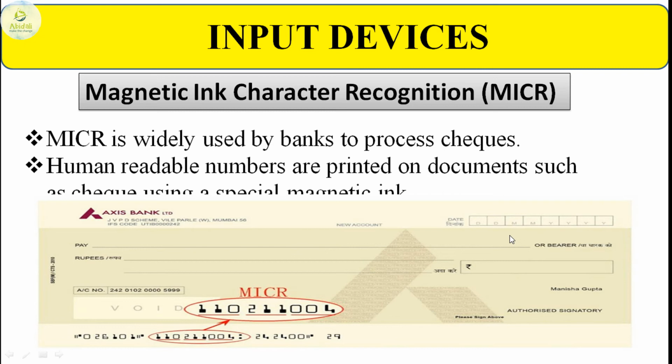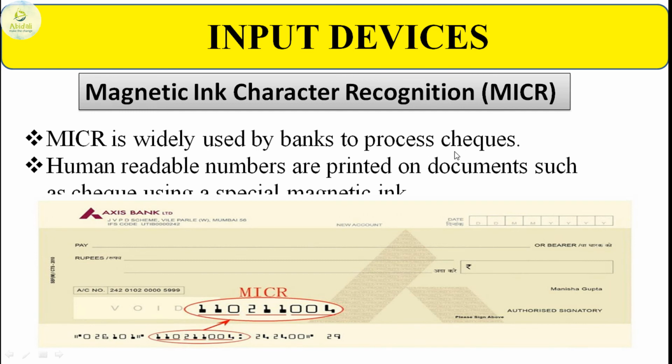The next one we are discussing in the input devices is the MICR, which stands for Magnetic Ink Character Recognition. MICRs are devices that are very widely used in the banking sector, basically to process checks.